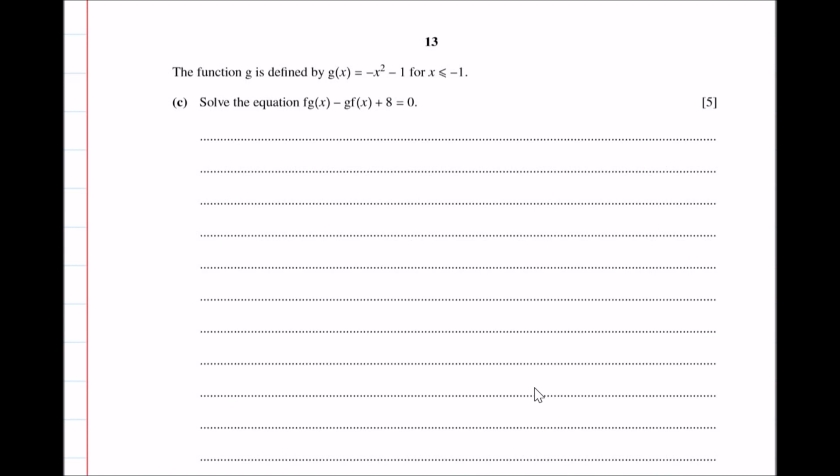So in this question, you need to find f(g(x)), then g(f(x)), and substitute those values in the equation to form an equation in x, and then solve for x. So before that we have to find fg(x) and gf(x). Let us find fg(x).